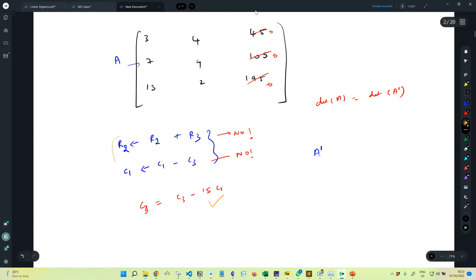And the operations suggested in the question are elementary operations, in particular linear combinations, and we know that linear combination does not affect the value of determinant. That is why the A prime that you obtain after applying these two operations will have a determinant value of 0. That is why answer to this question is 0.